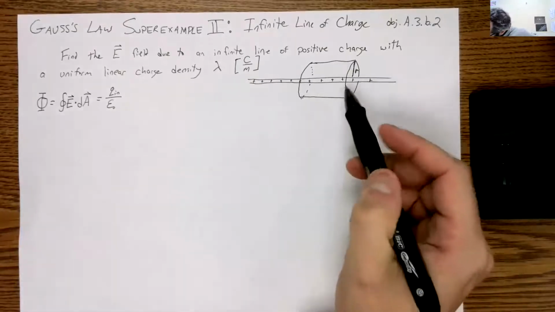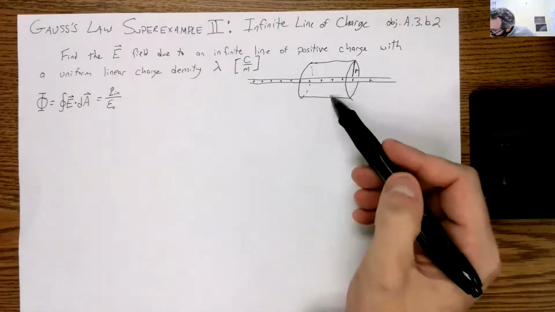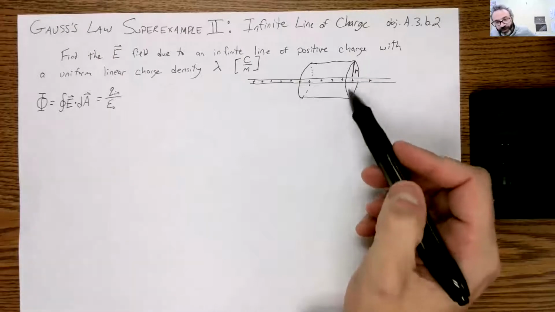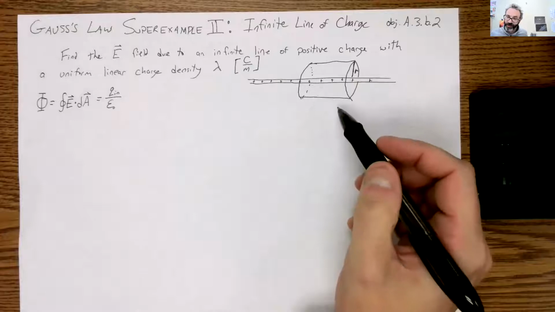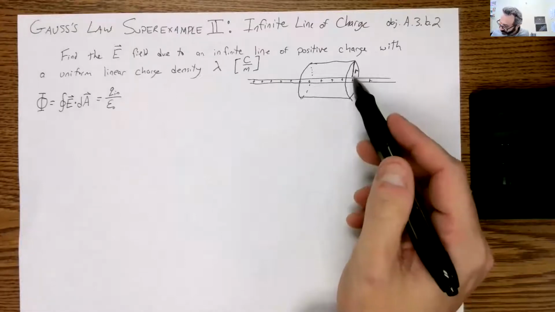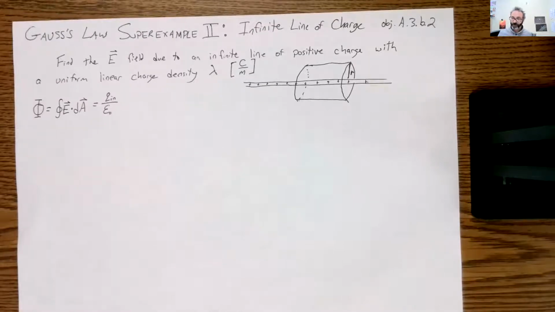I'm asking if the electric field that we solve for using Gauss's law is going to depend on how far away we are from this wire. Is it going to be more like a point charge, where the electric field gets weaker when we get farther away from the wire? Or is it going to be more like the plane charge that we saw yesterday, where the electric field is uniform and it didn't matter how far away we got from the plane?